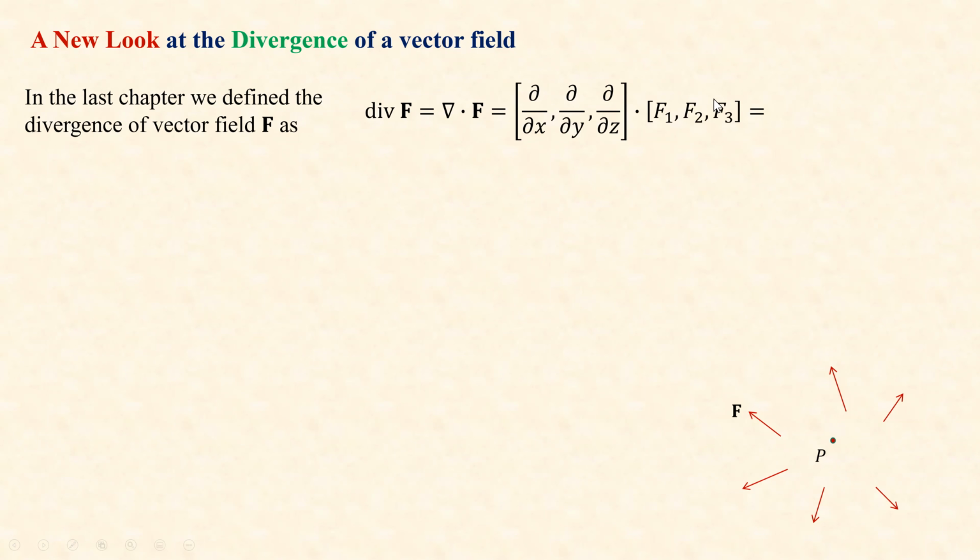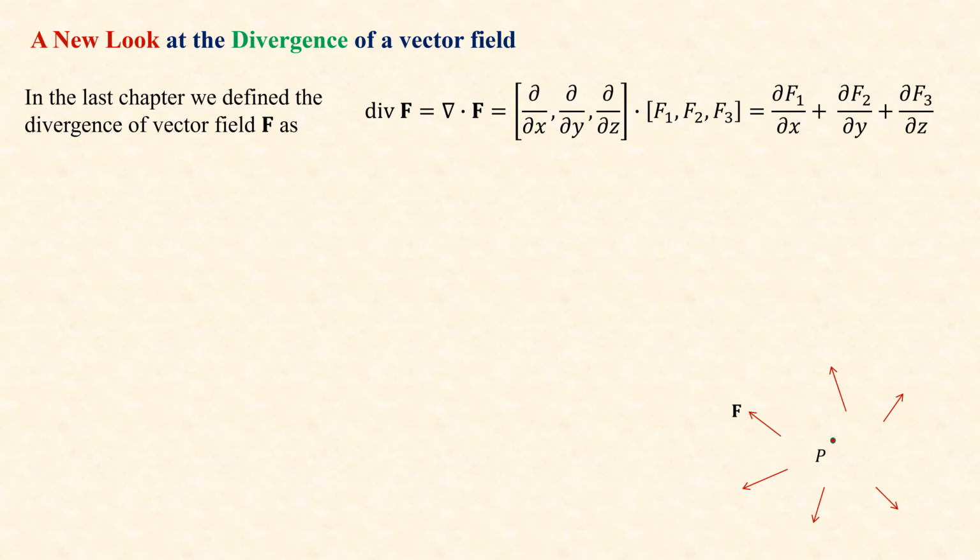If you do the dot product the same way, it means we take the derivative of the x component with respect to x, plus the derivative of the y component with respect to y, plus the derivative of the z component with respect to z, which we write like this. So it's a scalar, obtained by adding all these partial derivatives together. This was the way we defined divergence before.